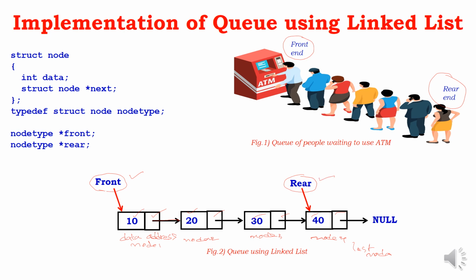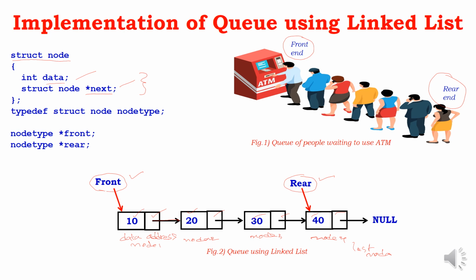So we need to define a structure like this: struct node, which has two members, data and address of the next node. Asterisk next means it is a pointer which holds the address of the next node. So node is a structure consisting of two members which hold data and address of the next node.